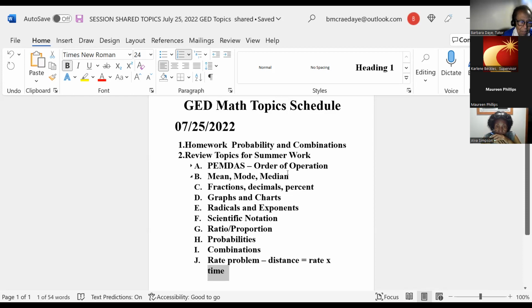Alva, do you remember? No, the mean: you add up the numbers and you divide it by the number of items.